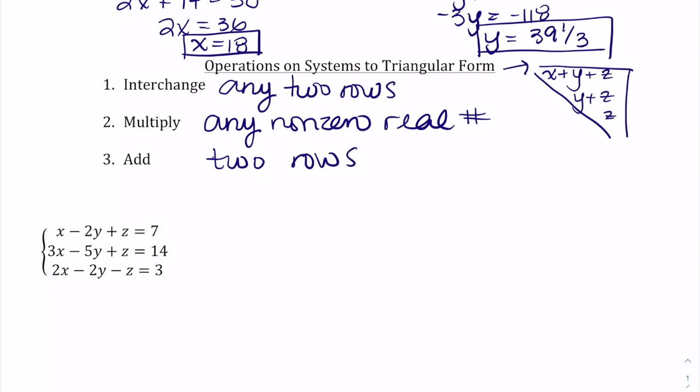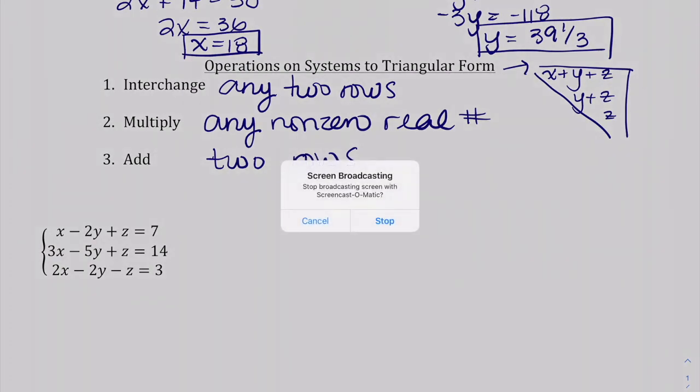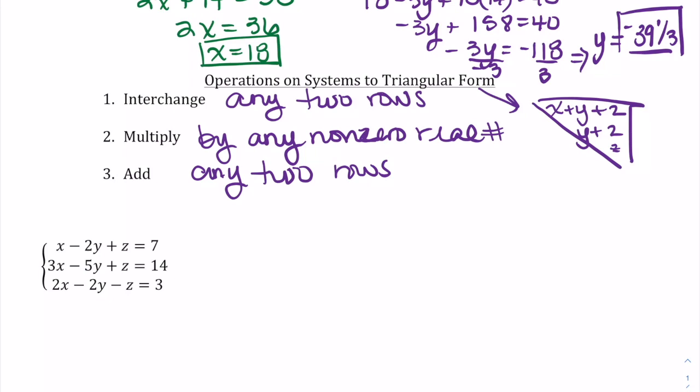So again, the process is the same. We're just formalizing it a little bit to this method called Gaussian elimination. For this problem, one thing that we want to think about is, we could take z and cancel that out, but with Gaussian elimination, I don't want that to happen. I want to look at what I need to multiply the first and second row by to start to eliminate some variables.